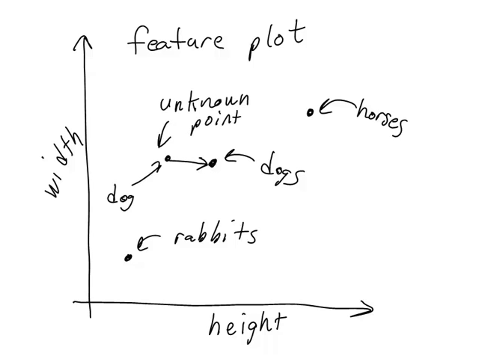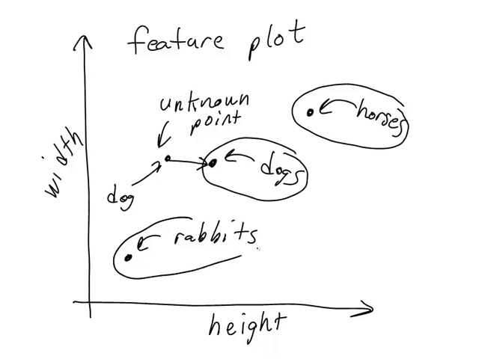This is one algorithm that can be used to identify the identity of new animals that our robot sees. In order for this algorithm to work, we have to start out with our robot having knowledge of the ideal location for horses, the ideal location for dogs, and the ideal location for rabbits.